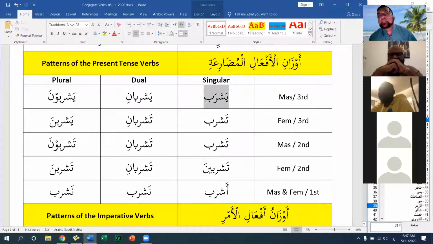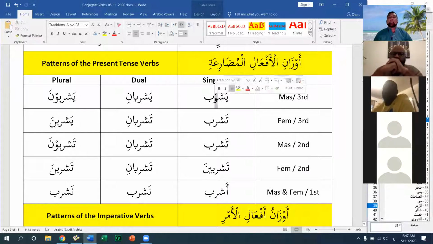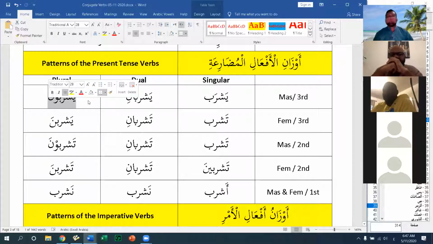If you look at the ayah in Surah Al-Dahr, also called Surah Al-Insan, the moment you pick up this form of the verb in that ayah, it would always be ra for all of the present tense. Whatever the ayn of the letter is in any form, if you pick it up from the Quran, it would always be that letter for all the other forms of the present tense. Are you following me?